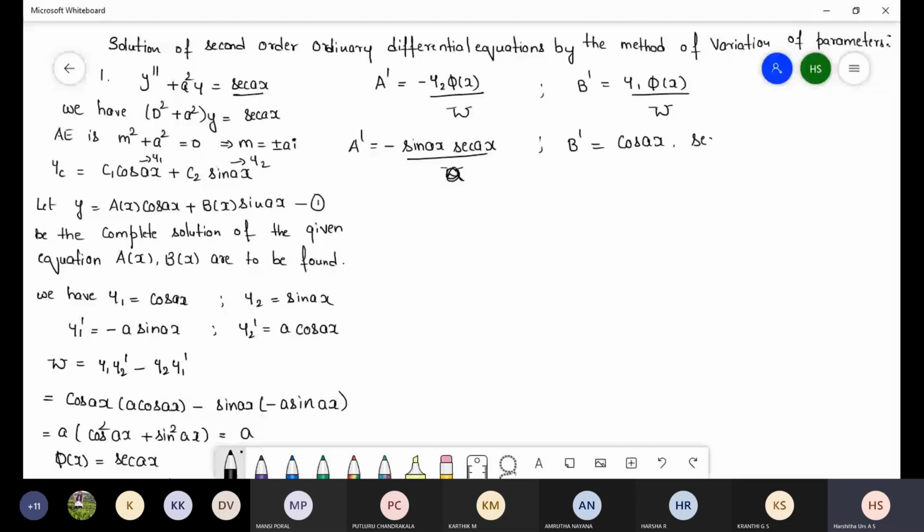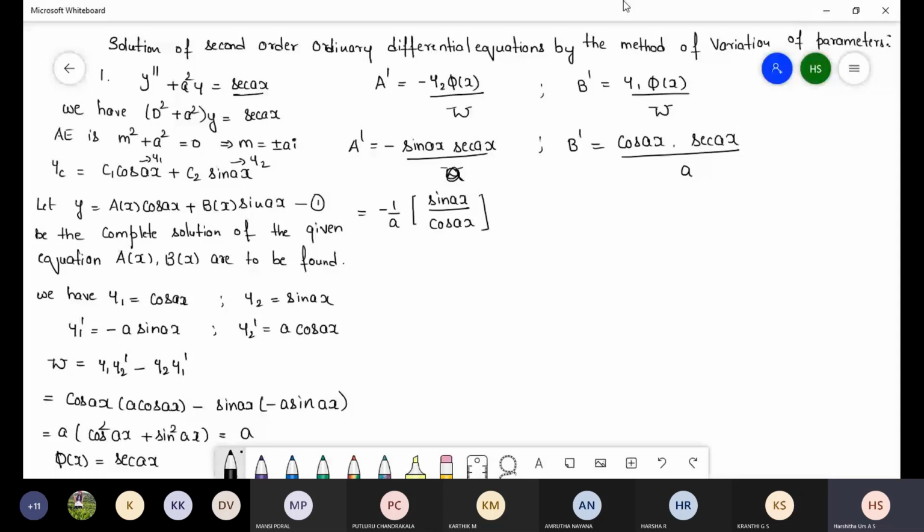For secant ax, I will write it as 1 by cos ax. So 1 by cos ax is secant ax. Next, B dash: there also for the secant ax, we can write 1 by cos ax. So cos ax will get cancelled.